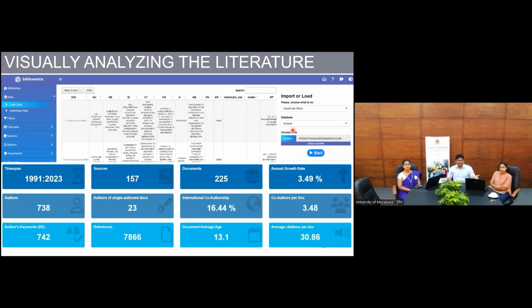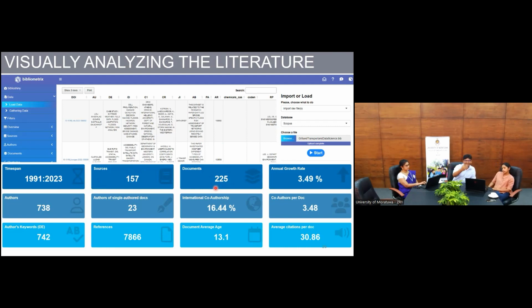The time span is there in the left-hand corner, and then the sources, meaning the journal articles or indexed conferences and so on. And for the number of documents, I did a very detailed extraction, so there are 225 articles.